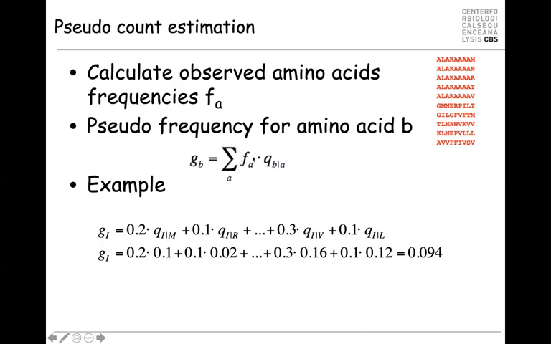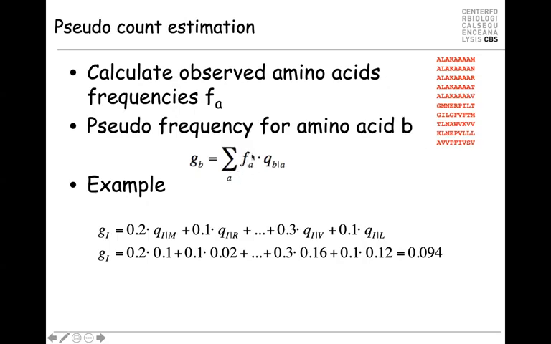We go through the summation. Summation is over all 20 amino acids. So we take the observed frequency of alanine, for instance. So the first term here is alanine. The observed frequency of alanine is 0 because there's no A's in the last column. So that term doesn't contribute.